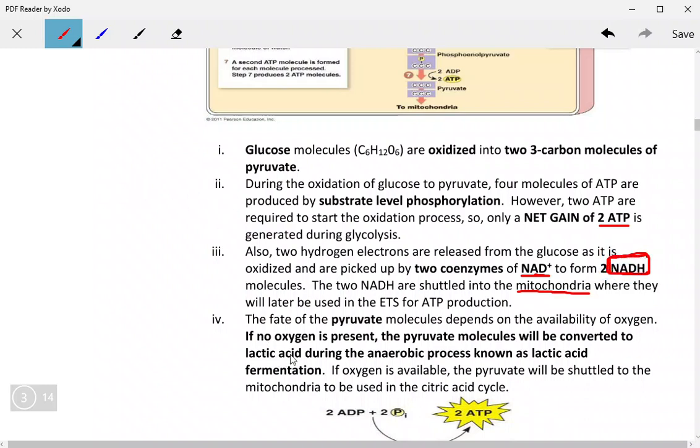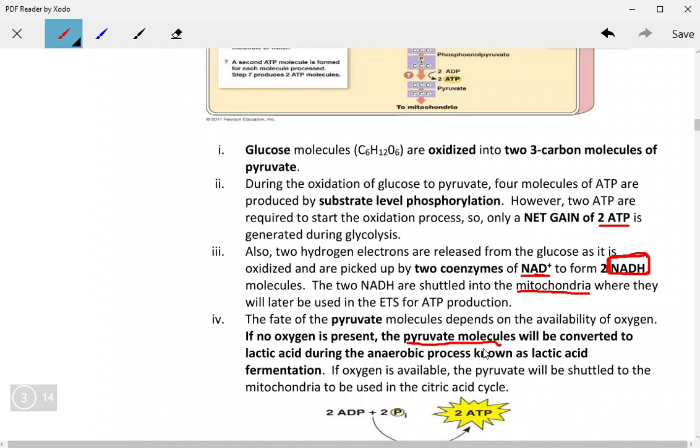All right. Now, what happens to the pyruvate molecule that we have made through glycolysis? If oxygen is available in the cell, if oxygen is present, pyruvate molecules will move on to the next process in the mitochondria. Are you following?